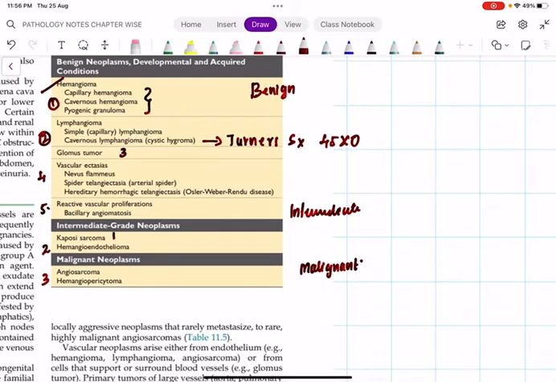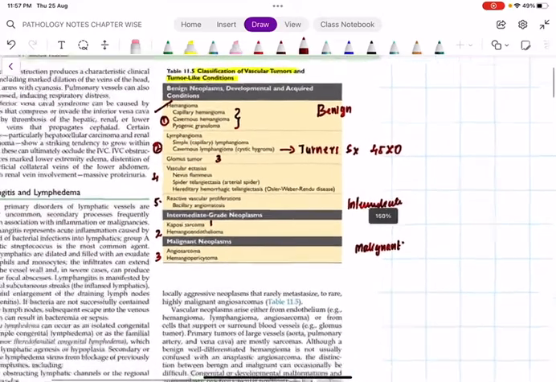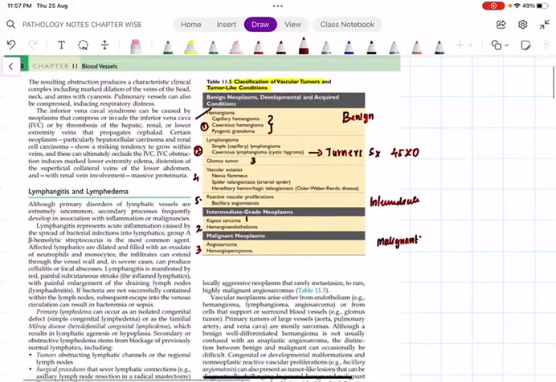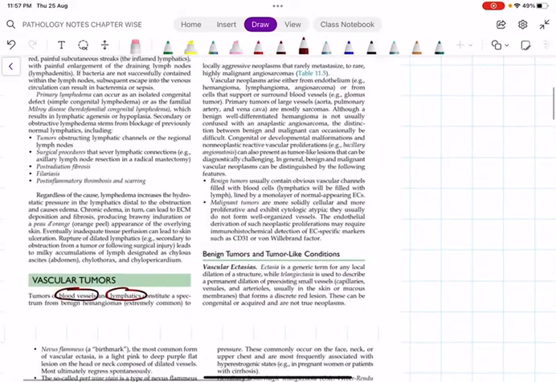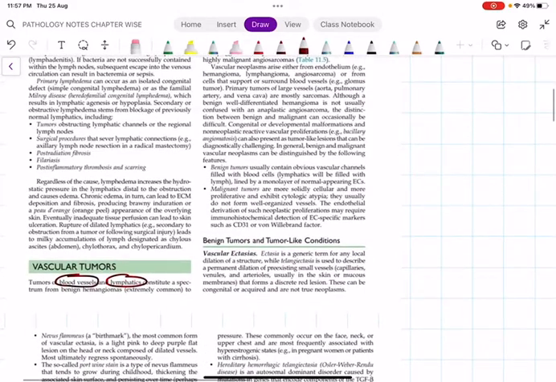Then glomus tumor, which arises from the glomus bodies. What are glomus bodies? They are arteriovenous anastomotic shunts, which are present in the tip of our digits, thumb, all those, mainly help in thermoregulation. Vascular ectasias, then reactive vascular proliferation. Let us go one by one.